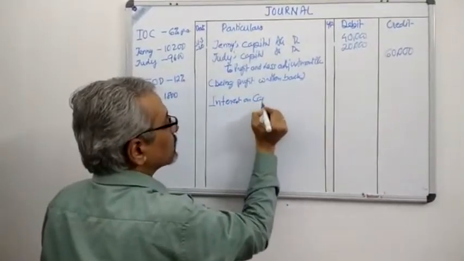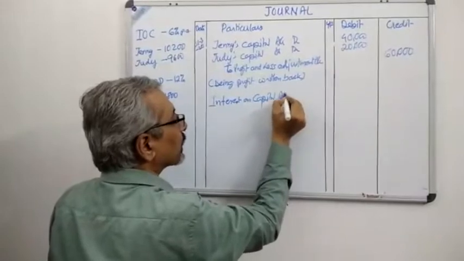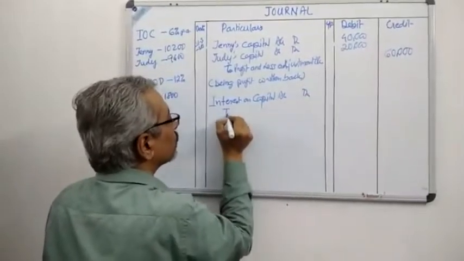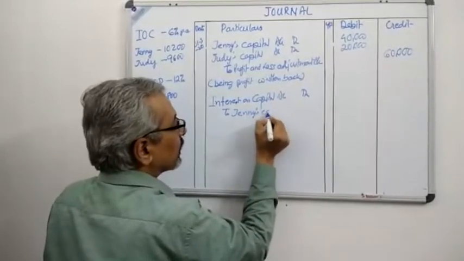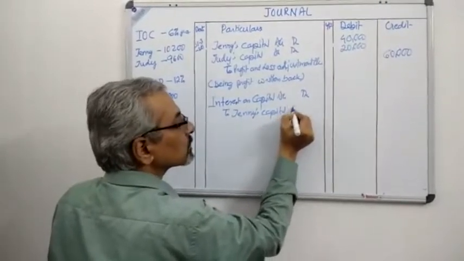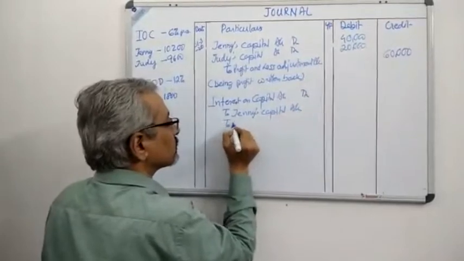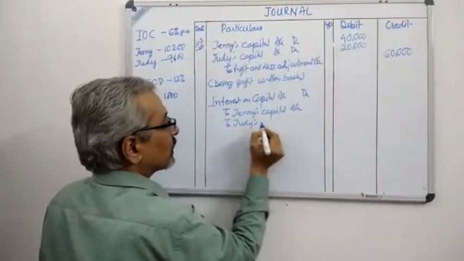Interest on capital account debit to, who are the two partners? Jenny's capital account, to Judy's capital account.